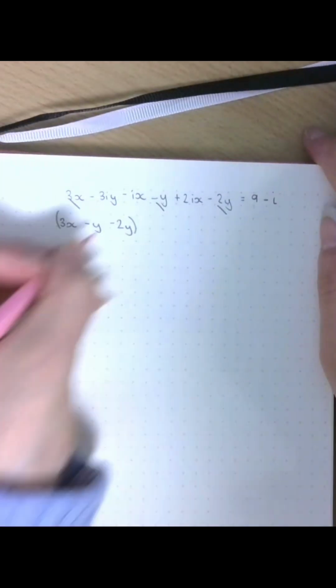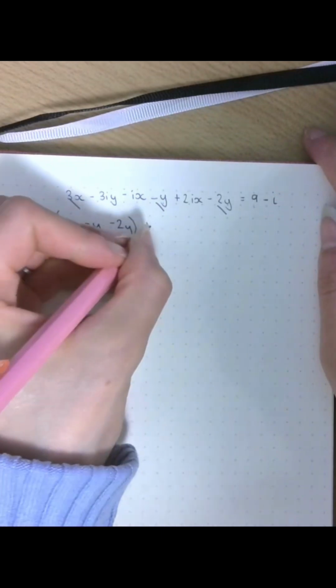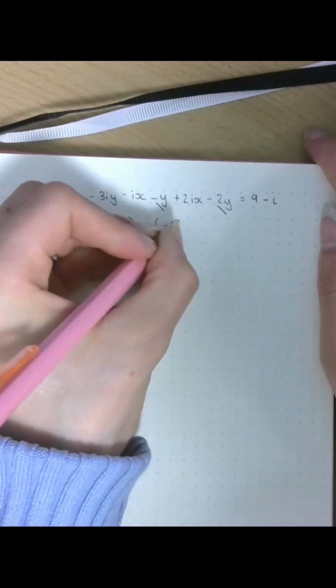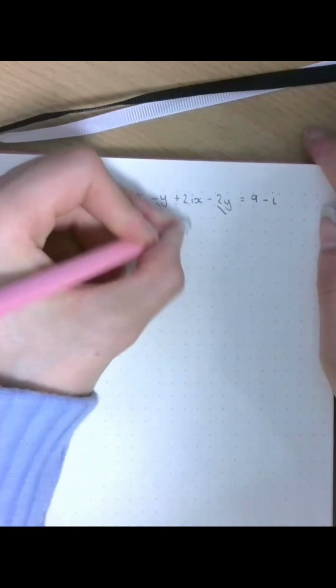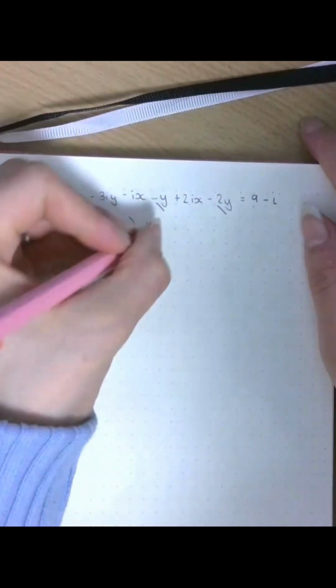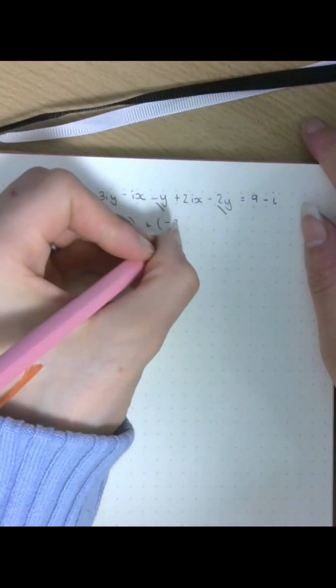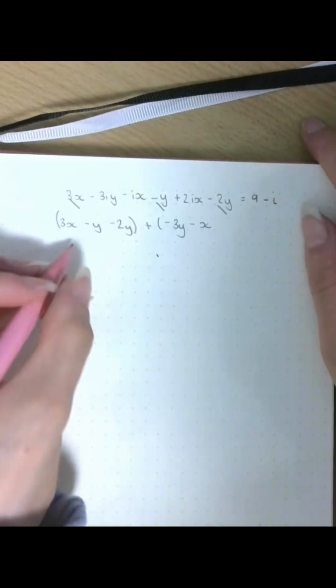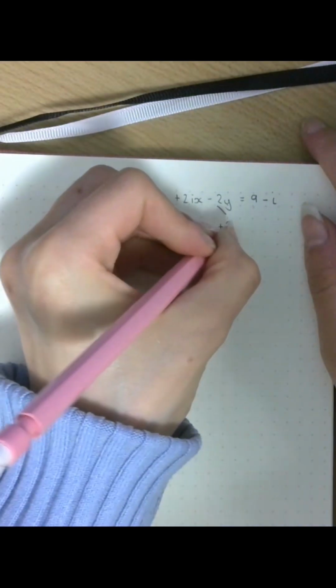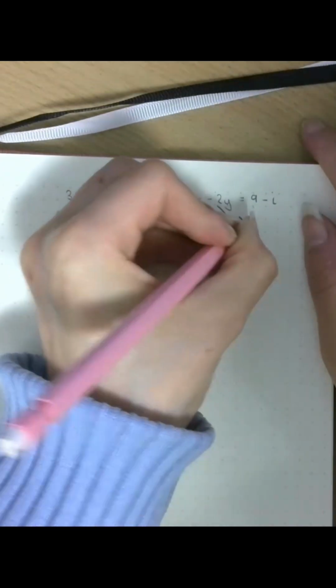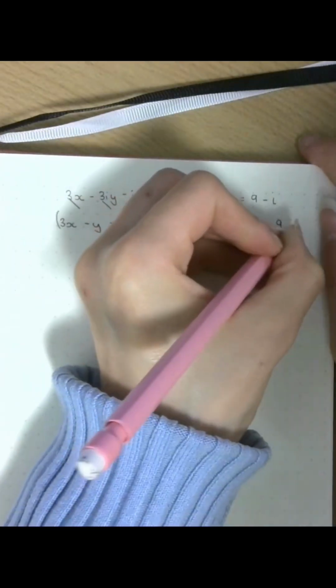And then for the imaginary part, we have minus 3iy. We can put the i at the end, can't we? So if we put the i on the outside, we'll have minus 3y, then a minus x, and then the plus 2xi, and that will be equal to 9 minus i.